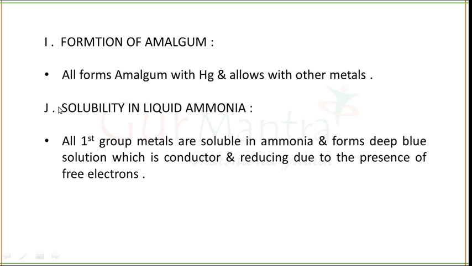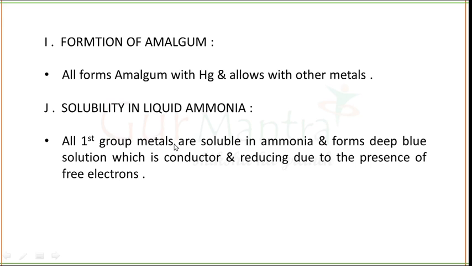Now this is a very important point, solubility in liquid ammonia. All first group metals are soluble in ammonia and form a deep blue solution, which is a conductor and reducing due to the presence of free electrons.